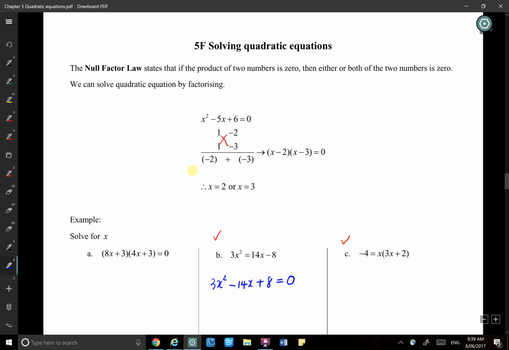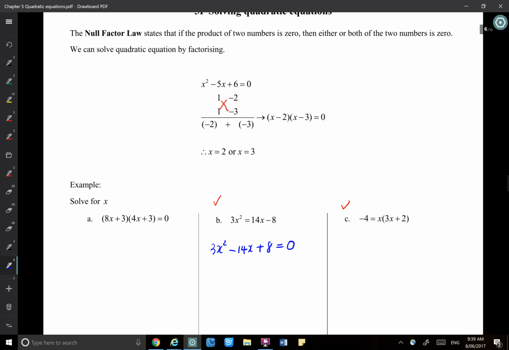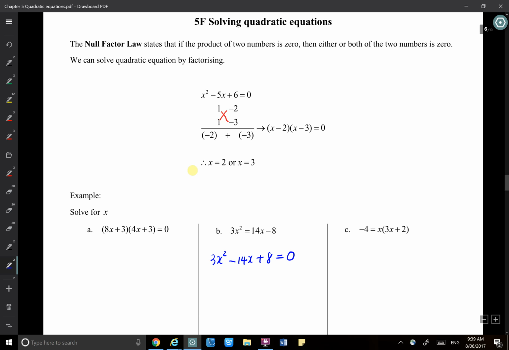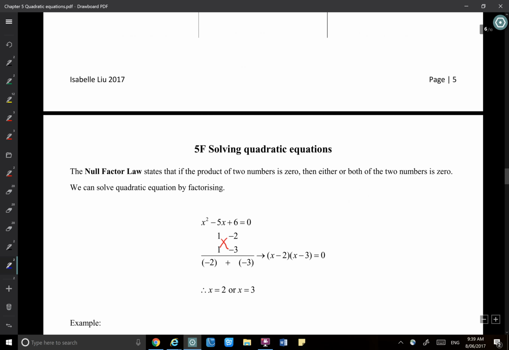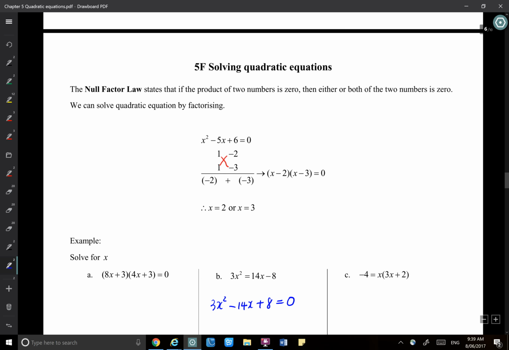Okay, next exercise, 5F. So we use the previous knowledge to solve for quadratic equations. For all the things we learned before, there are expressions. There's no equal sign. Now I want to solve for quadratic equations.